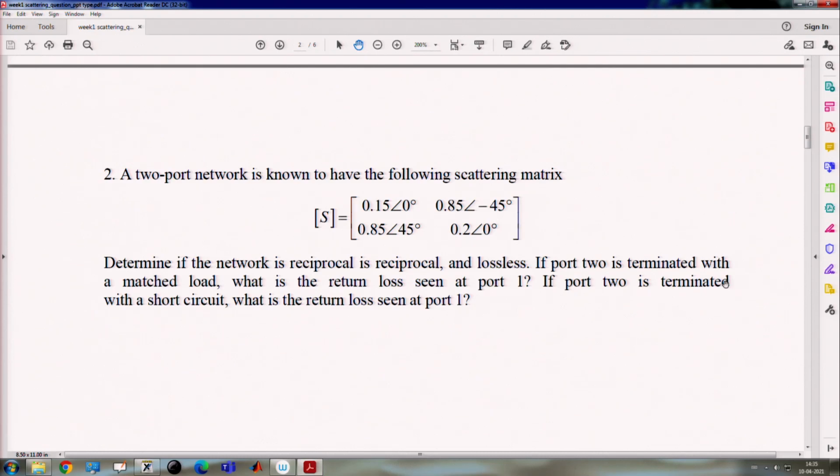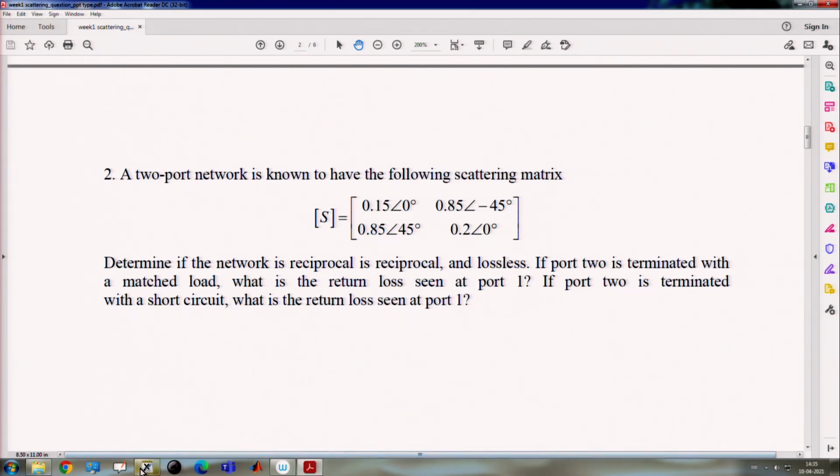We will find the return loss from S11, so first we have to find S11. After that we will get the return loss seen at port 1. In the third part, port 2 is terminated with a short circuit. If port 2 is short circuit, what is the return loss seen at port 1? So, we will do the solution to this problem.